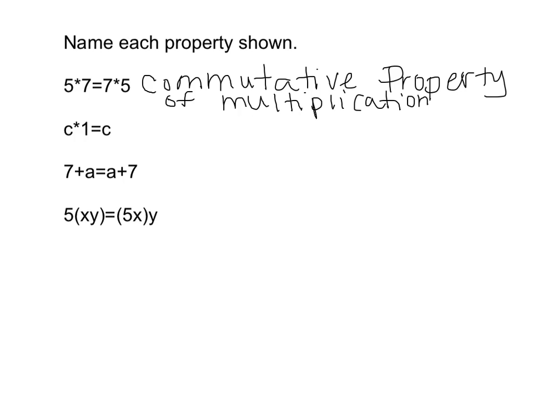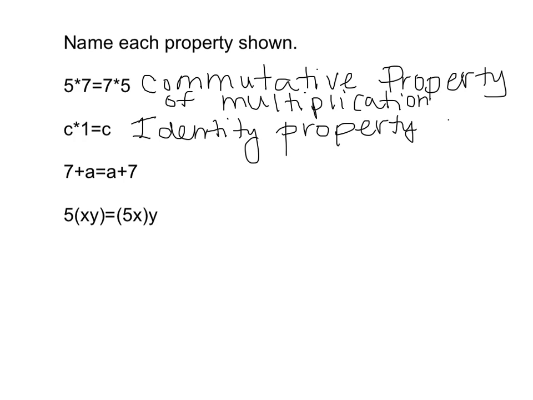Then the next question says, C times 1 equals C. This one I'm thinking right back, the original answer. So I know that is going to be the identity property of, look back, it's multiplying, so it's going to be the identity property of multiplication.